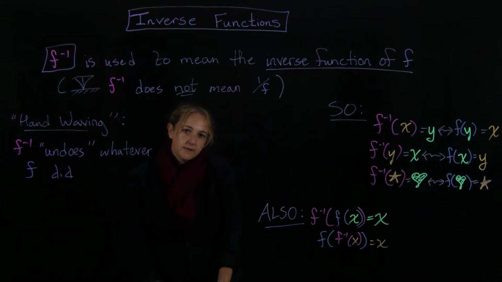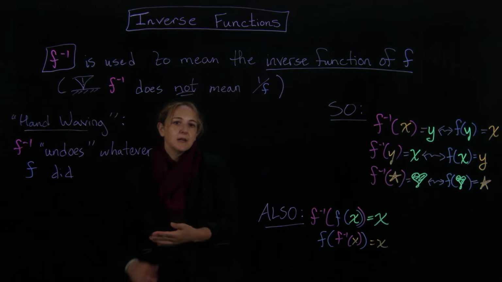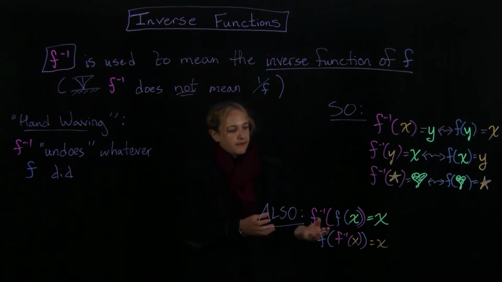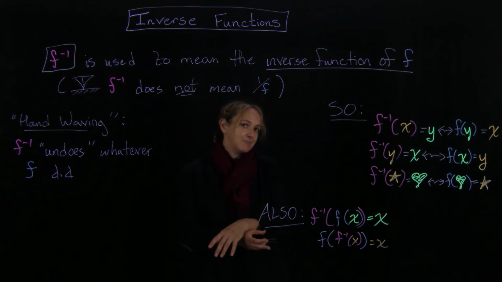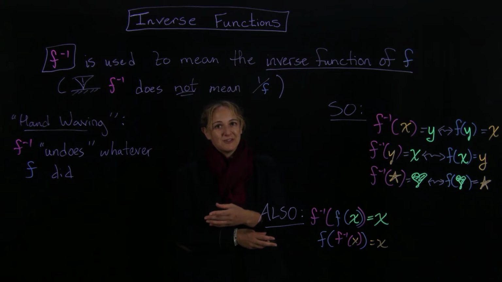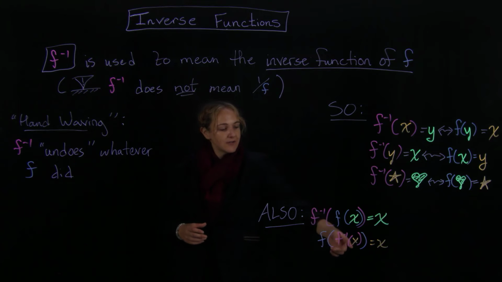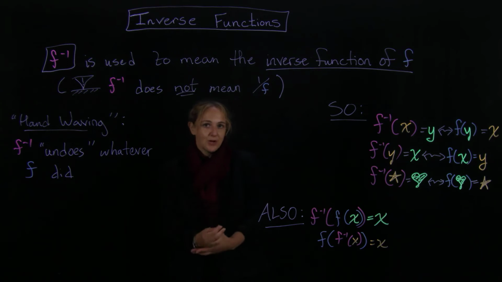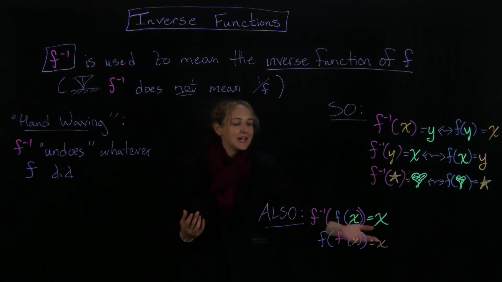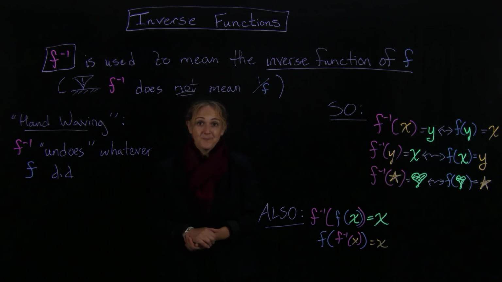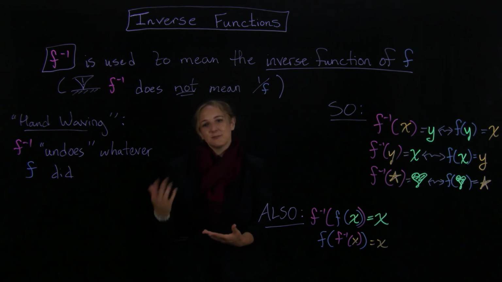This is the sense in which they undo each other: if I apply the function f to some input, and then I apply f inverse, I get out that original input. And the same thing works in the other direction: if I have an input x, I apply f inverse to it, and then I apply f, I get out that same input x. Okay, so hope that made a little sense, and if not, hopefully the examples will make more sense.